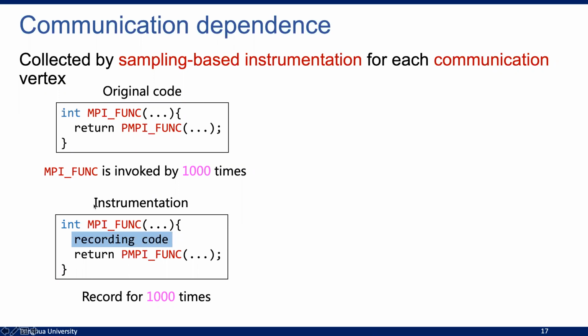Now, instrumentation inserts recording code in the MPI function to record data. Every time the MPI function is invoked, the inserted code will be executed, so it records 1,000 times in total.